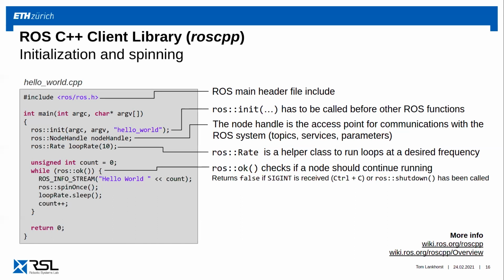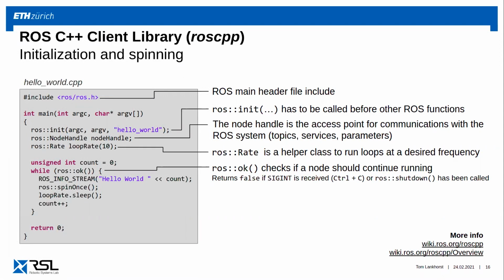Now, in this loop, we will use a while loop to let the node iterate continuously. And the condition that we use in this while loop is the ROS OK function. Now, what does ROS OK do? As long as your ROS node is supposed to be running, it will return true.